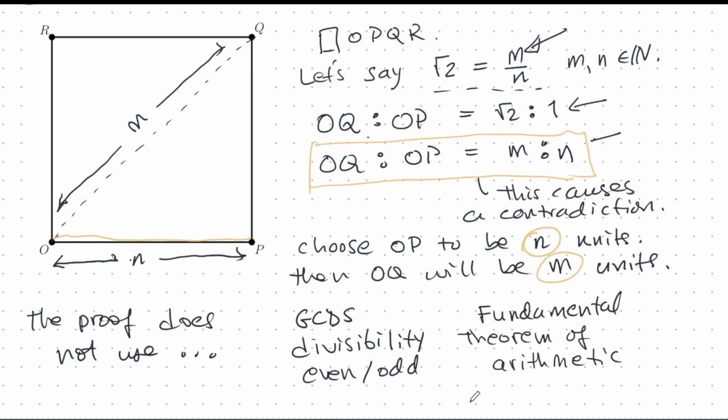And we won't be using the fundamental theorem of arithmetic. So none of these things will appear in the proof in any direct way. Maybe in some really indirect way it's there underneath the surface, but I won't be using any of these things directly. So sit back and enjoy this. This is going to be very interesting.